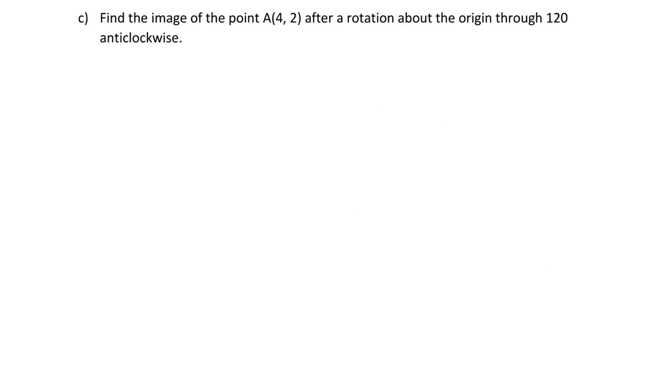Part C, we are supposed to find the image of the point A with 4, 2 after rotation about the origin through 120 degrees anticlockwise. Okay, so this is the transformation problem. Let us consider the following relation for the rotation, which says image equals transformation matrix times point.